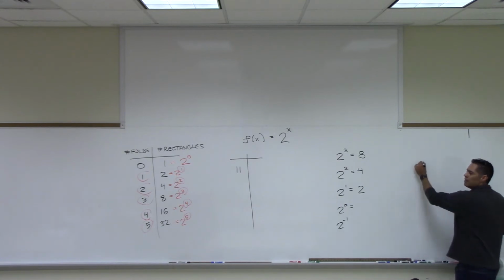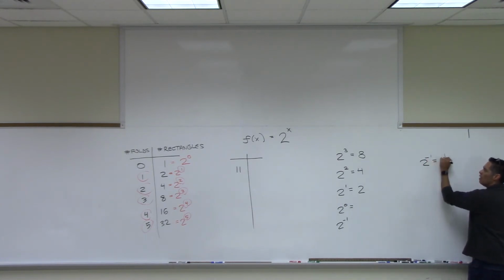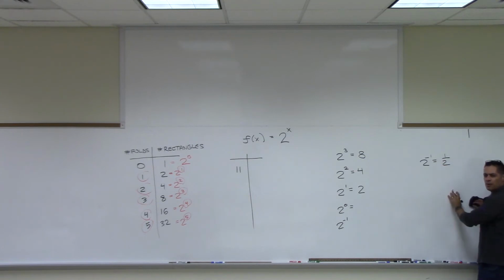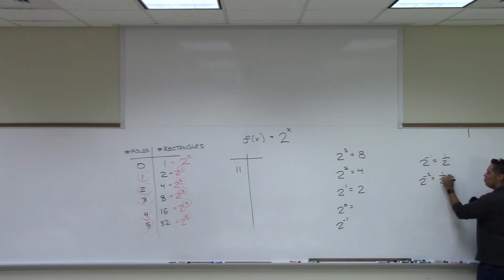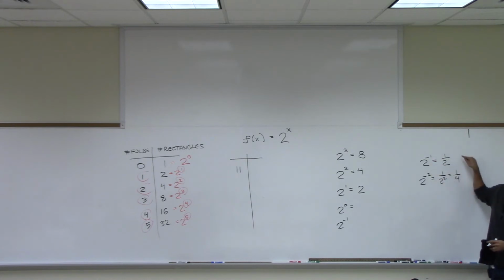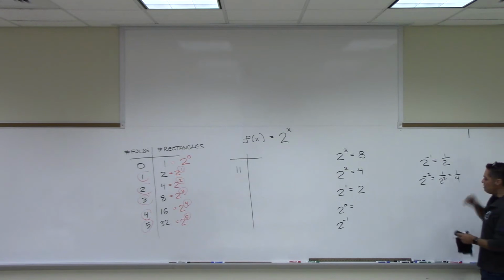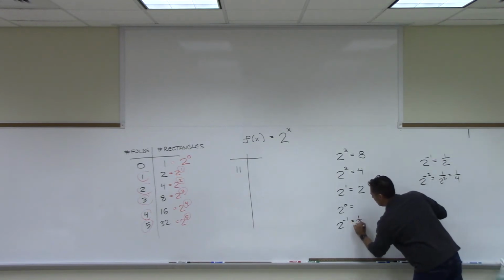So do y'all remember that 2 to the negative 1 means 1 over positive 2? Do you remember that property? Exponents. If you have 2 to the negative 2, it means 1 over 2 squared, and that's 1/4. If you have a negative exponent, you can write it as 1 over that to a positive. Look familiar a little bit? So this is 1/2. The next one is 1/4.